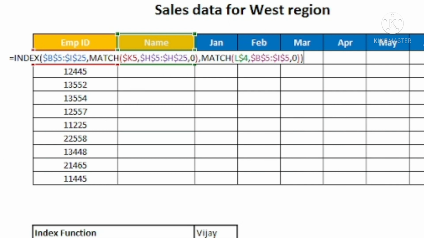Array for match function is this particular column employee ID, which I locked it because I want Excel to pick up the value for the next employee IDs, the corresponding row number it should give me. So I locked it, comma, exact value, so 0, and completed the match function, the first match function for row number, then comma, then the column number I need to give it to the index function.